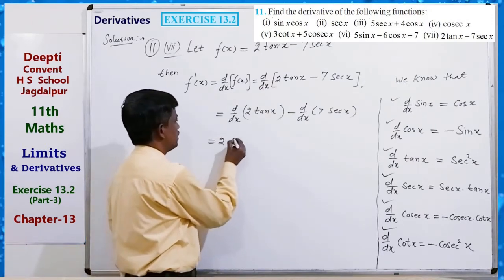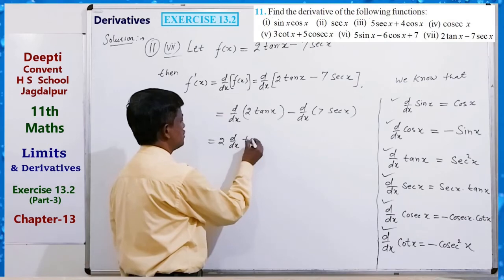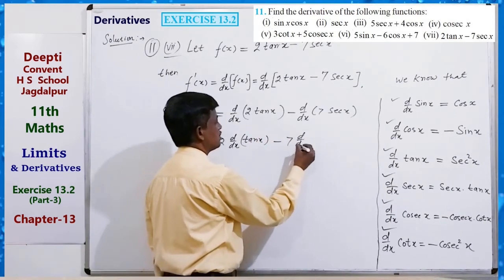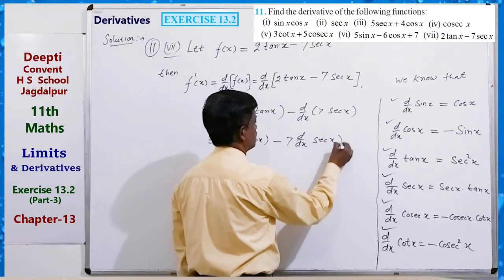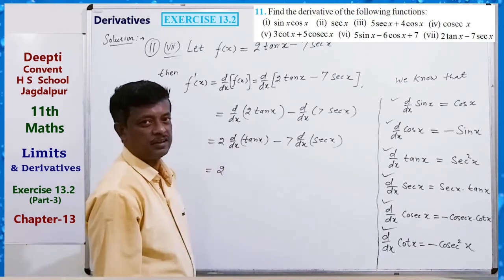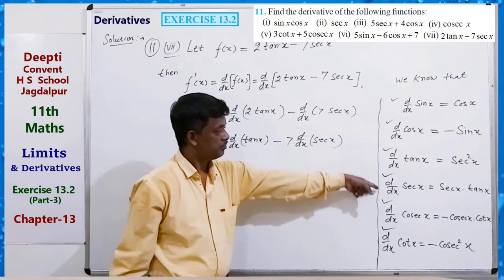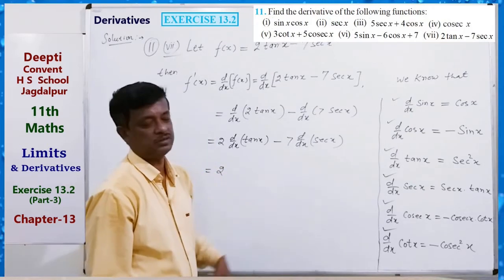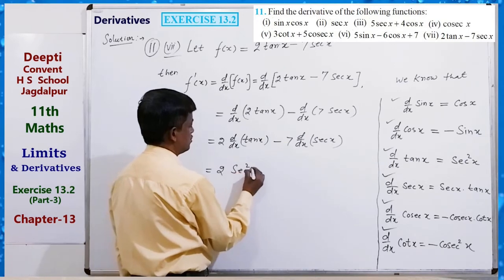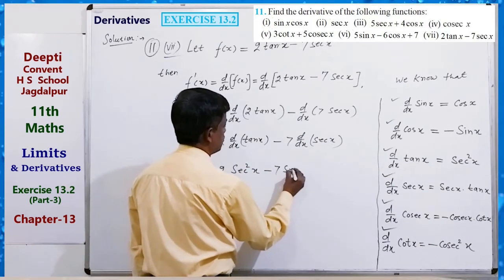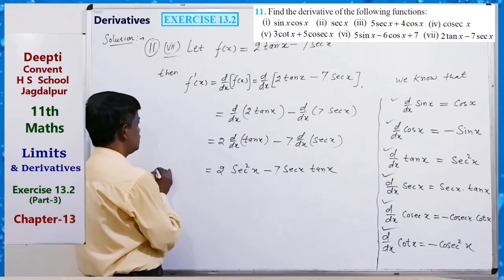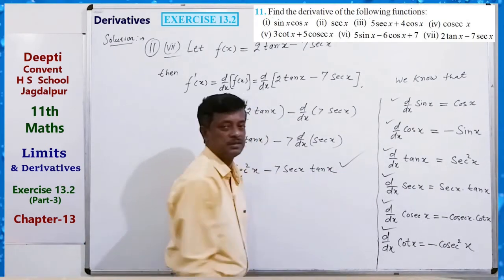Here 2 outside, so dy dx tan x minus 7 dy dx sec x. Okay. So here 2. If long question, then just find these two by using first principle and then use. And direct, just write 2 sec square x minus 7 sec x tan x. Use this formula. So this is the answer.